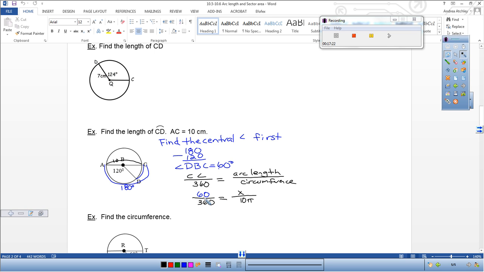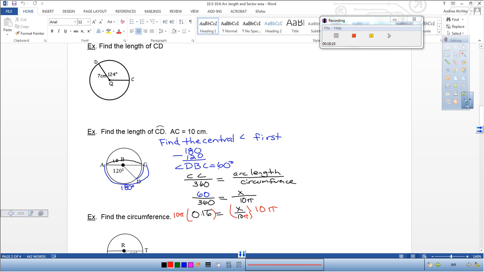Okay, I'm going to divide those two. And I'm going to get 0.16 to the line above it. So I'm going to have to multiply both sides by pi. So multiply both sides by 10 pi. Don't clear out your calculator. Leave that big old long number, 1.66666, in there.